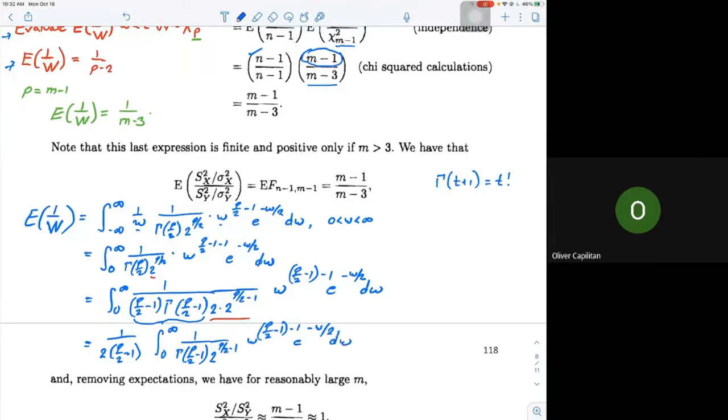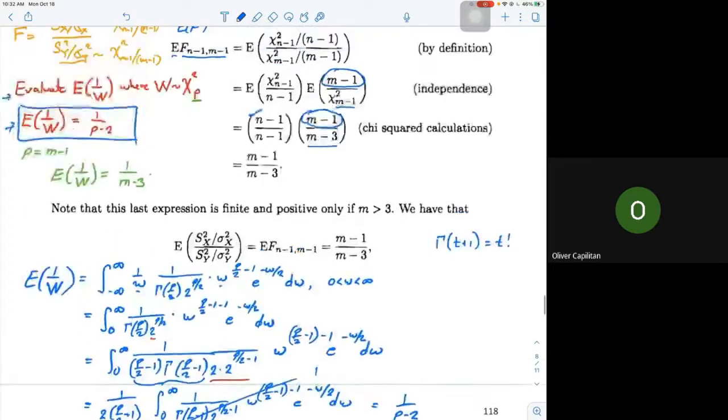And this would integrate to 1. Okay, so that would be equal to 1 over p minus 2. Ito, verified. So if we choose p here to be equal to m minus 1, then we have 1 over m minus 3. Okay, so that's the mean now of our random variable having an F distribution.